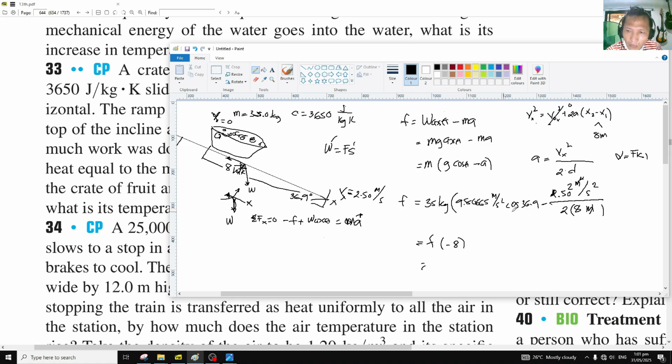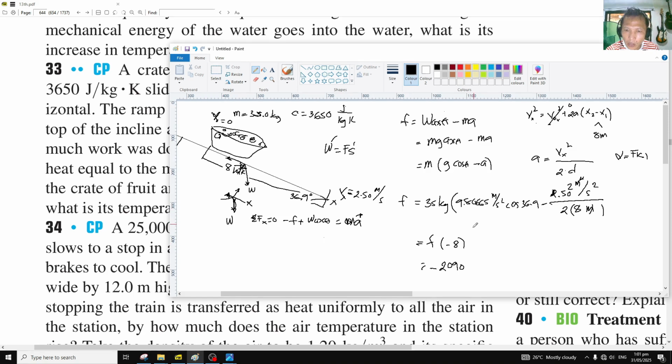So this value, I will multiply by negative 8. So multiplying by negative 8, I will have negative 2,086. For 3 significant figures, 2.09, or 2,090.